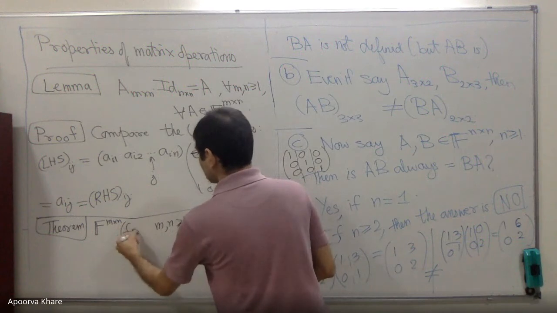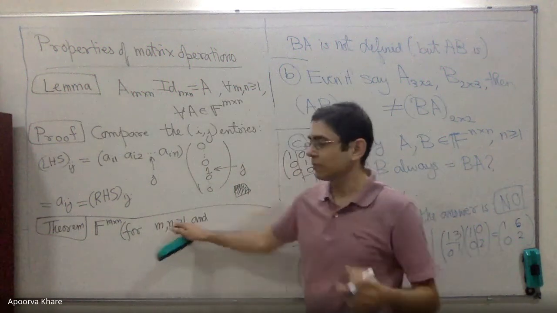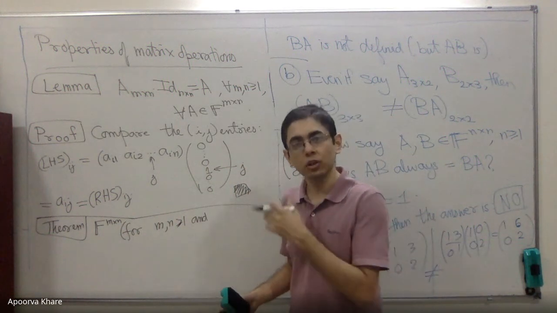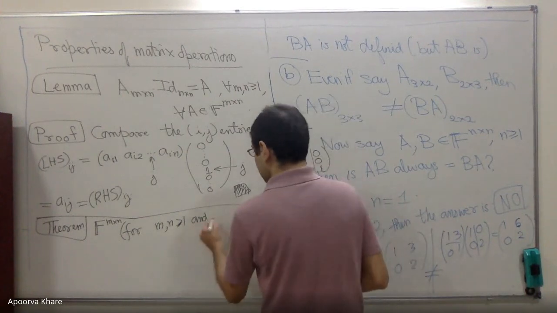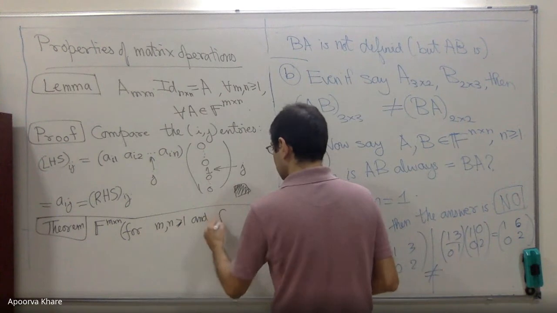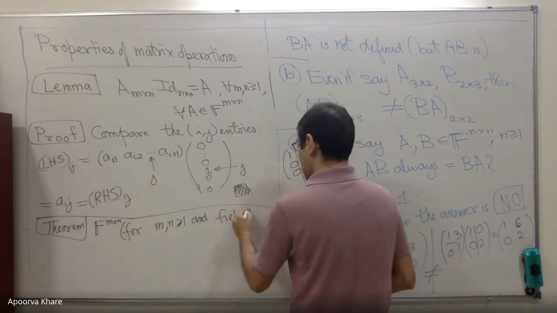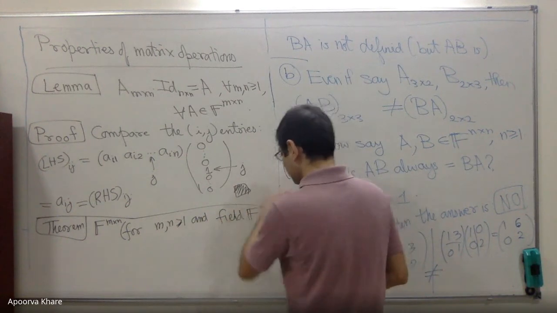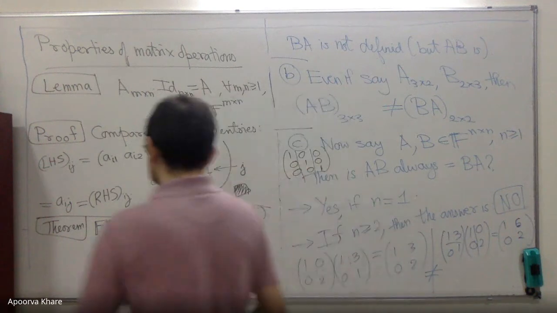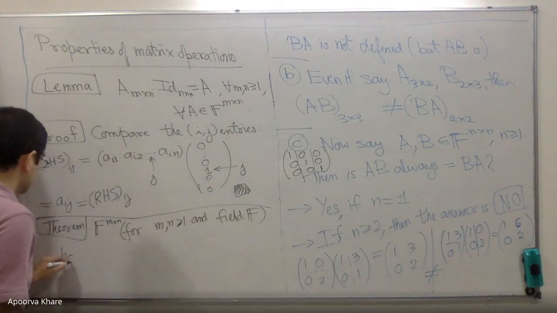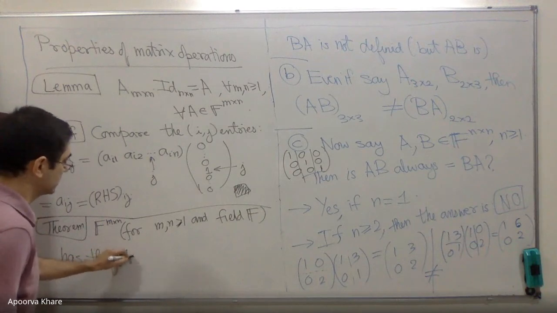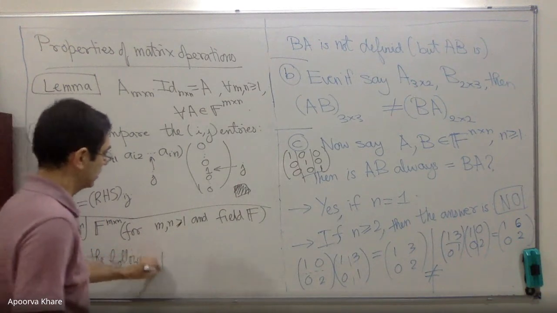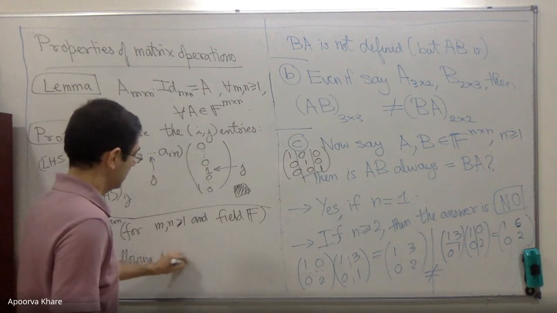I'm going to look at multiple things: F to the m cross n, F to the n cross p, because I want to talk about matrix multiplication as well, and the field F. I'll fix my field, but I won't fix my sizes. The following properties hold.